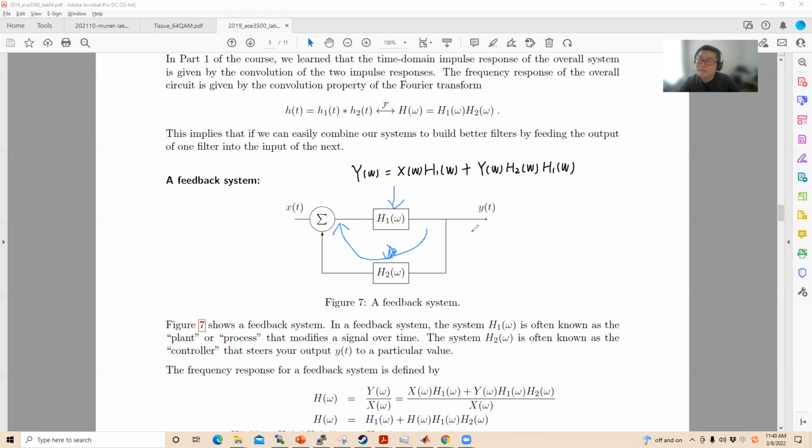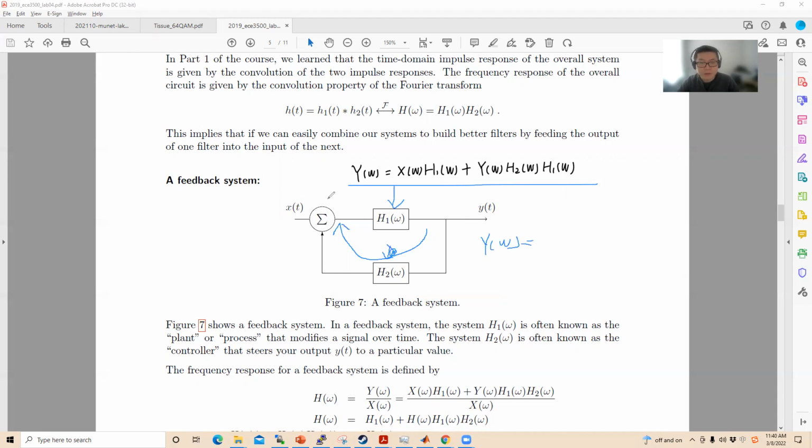We need to find the system response of this feedback system. So we need to use this equation. Since y of t is corresponding to y of omega, so this is y omega.